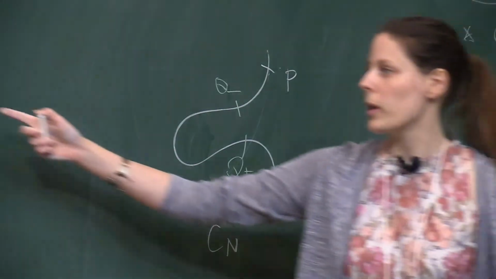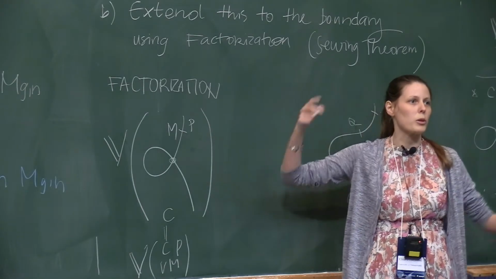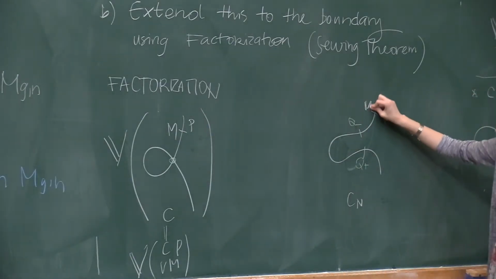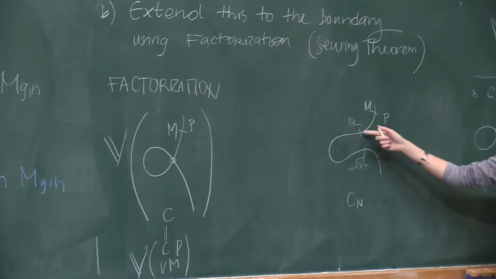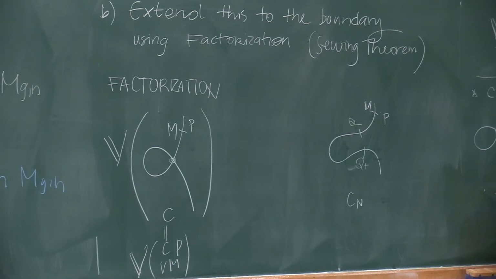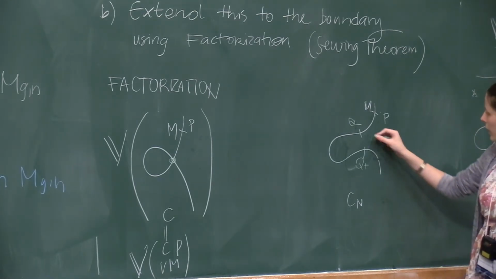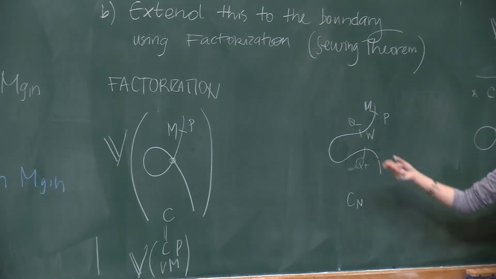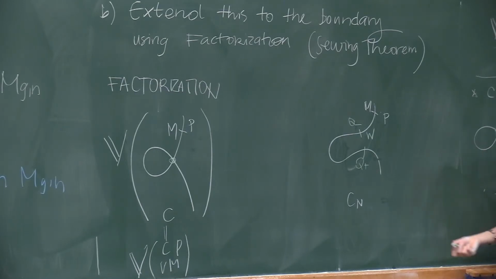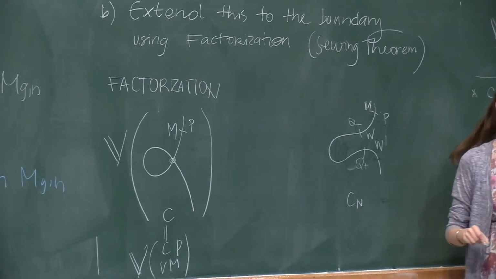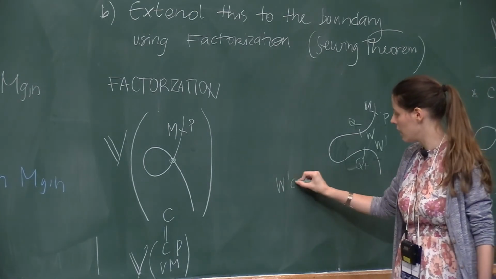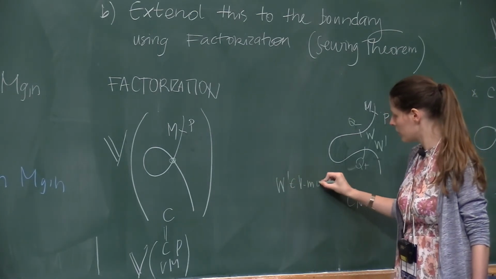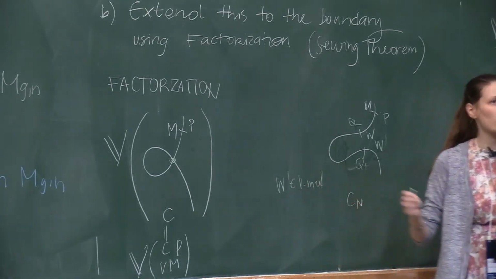In the same way, at P I had the representation M, I'd better have the same representation here. But I have two extra points, so I should have 2 extra modules. So let me take W here, and I take the contragredient module on the other one. I can take this in, let's say, V modules. This really means simple V modules.